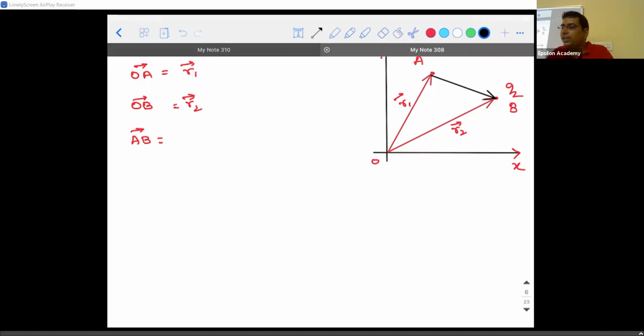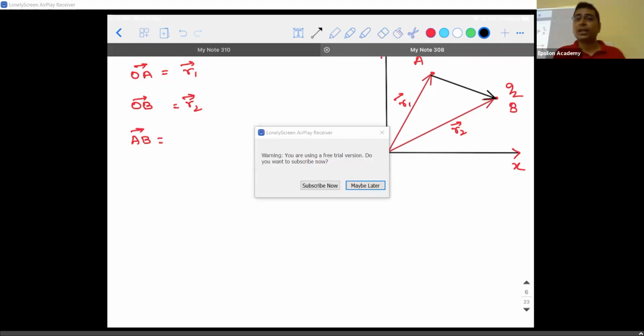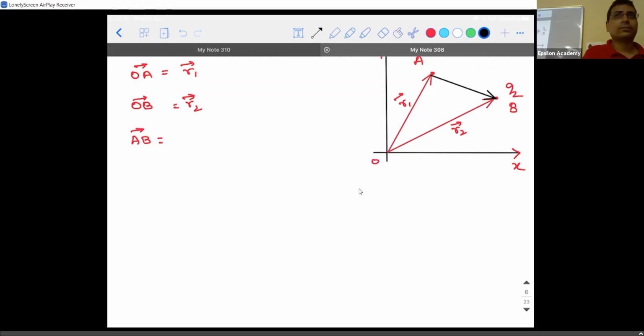For example, in this case, which vector's ending point is the starting point of the other? OA vector. So tell me which two vectors are in order? R1 vector and AB vector are in order. Then the resultant of these two is given by the closing side taken in the reverse order. Which is in the reverse order?